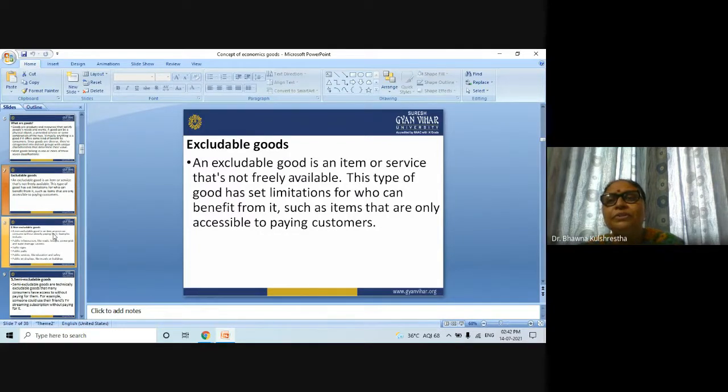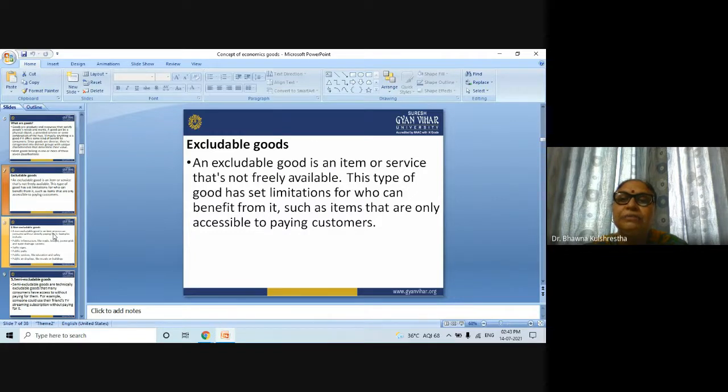First, going to the movies: only consumers who pay for tickets can see movies at movie theaters. And next is eating at a restaurant. Only consumers who can pay for the food can eat it.